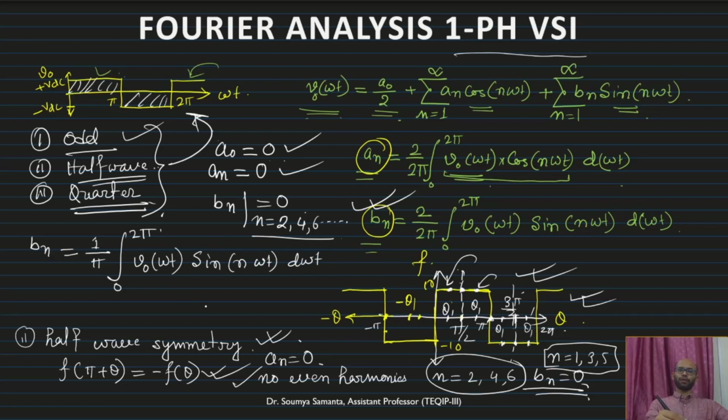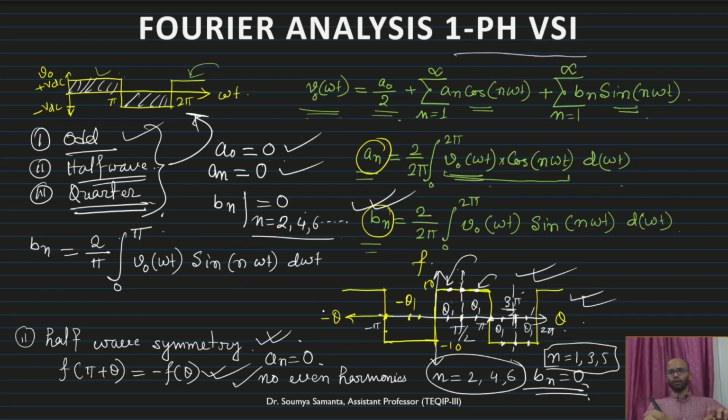This is this one. Now if this is half wave symmetry, then we don't have to integrate up to 2 pi. We can integrate up to pi and multiply this result by 2.